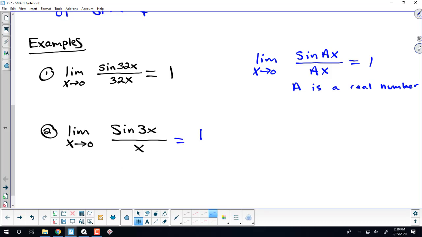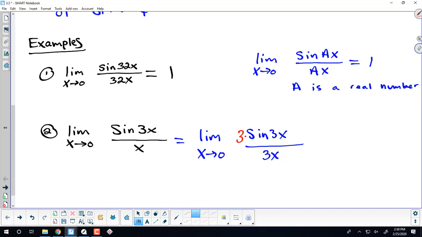So I'll just rewrite this here. It's the limit as x approaches 0 of sine 3x over 3x, but we also need a 3 up here. The red 3 we have there is really just a constant times that function up top.